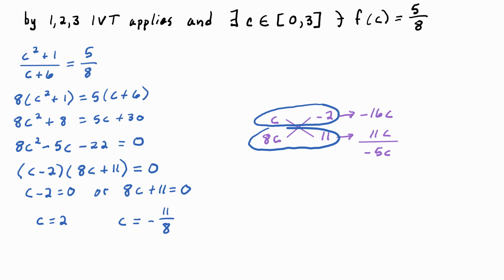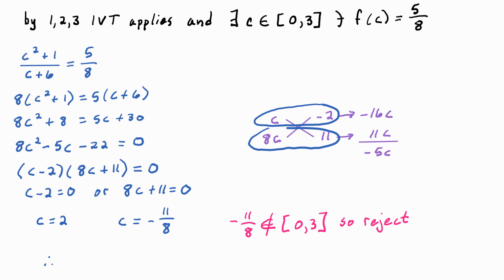Now, remember the interval that we're solving on is between 0 and 3. So negative 11/8 is not in that interval. So we have to exclude that one. You will need to say negative 11/8 is not an element of the interval 0 to 3. So reject it.